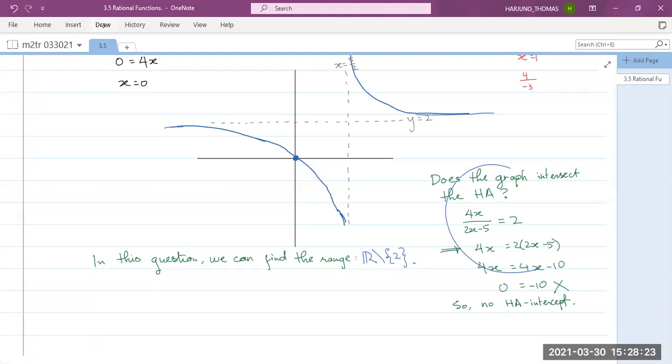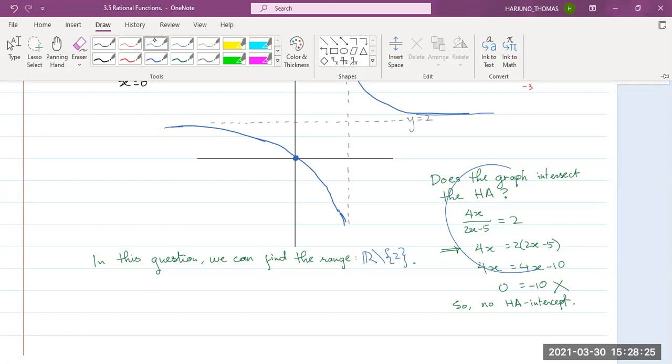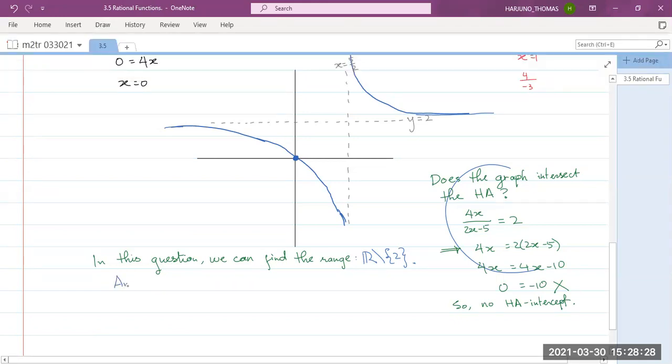Okay, now another method to find the range, not always work, but works a plenty of time, is to solve for x. So you isolate x by itself and read the y.